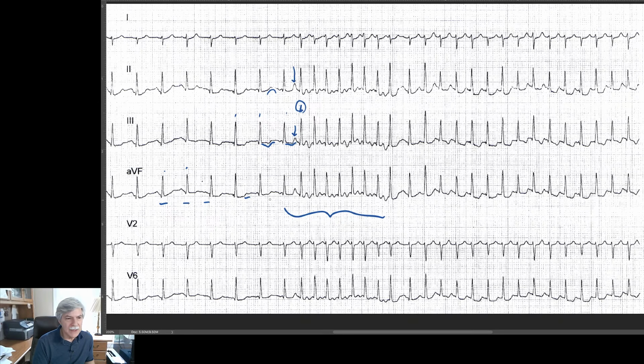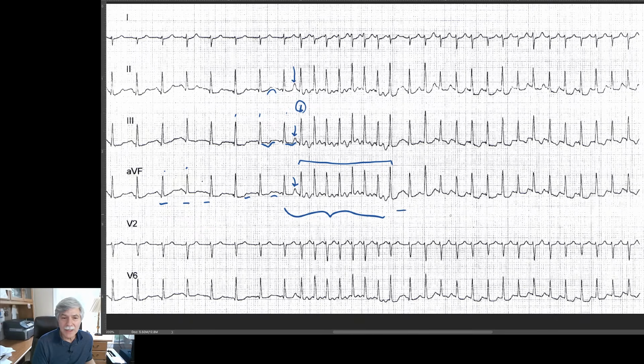You can see all the T's are kind of flat, and then you've got this big giant bump on the T, and that's obviously the premature atrial contraction, the PAC, that started this event. And so it clearly started from the atrium. There's no doubt that this is some kind of atrial rapid arrhythmia.